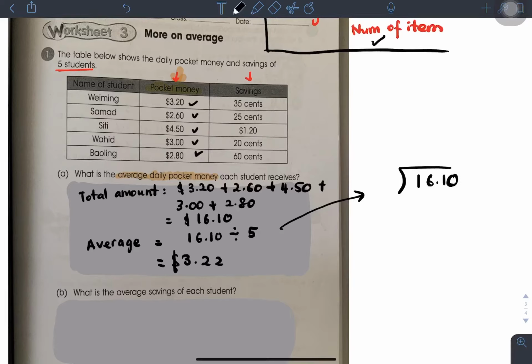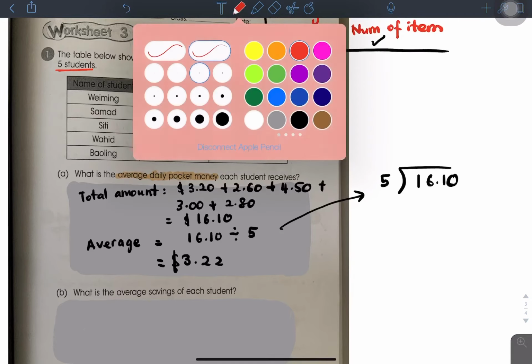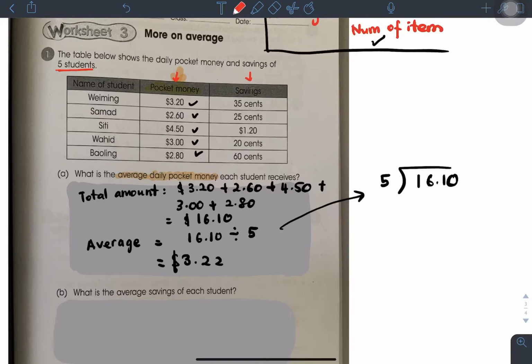16.10 divided by 5. Do it step by step. Is there 1 in times table 5? No, so it will be 0 here. 5 times 0 is 0. You minus them, 1 minus 0 is 1. We bring down 6. The nearest to 16 in times table 5 is 3. 5 times 3 is 15. 16 minus 15 is 1. Next we bring down 1.